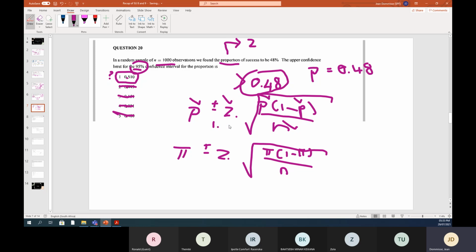95% again is 1.96. So even though they only say we need to give the upper confidence limit, we know a confidence interval is always two-tail. Okay, so because we know it is two-tail, we're just looking for the answer of that.